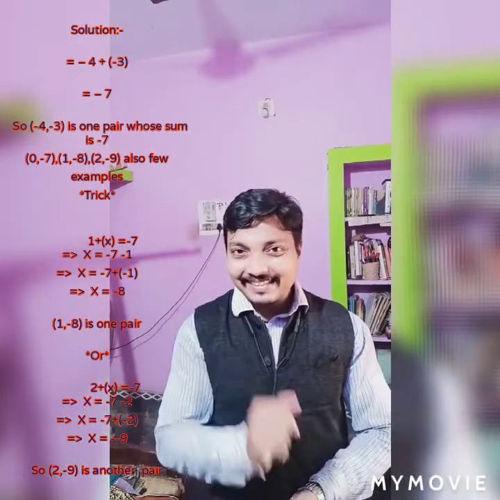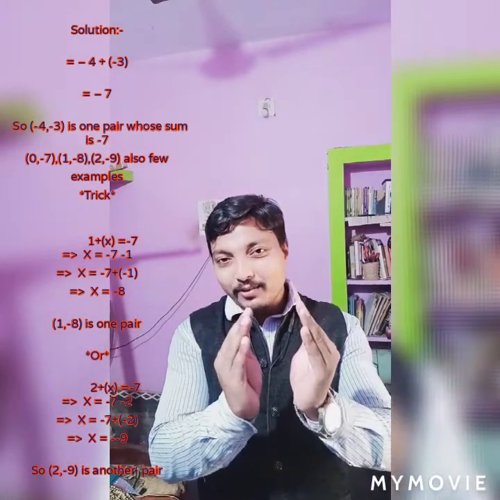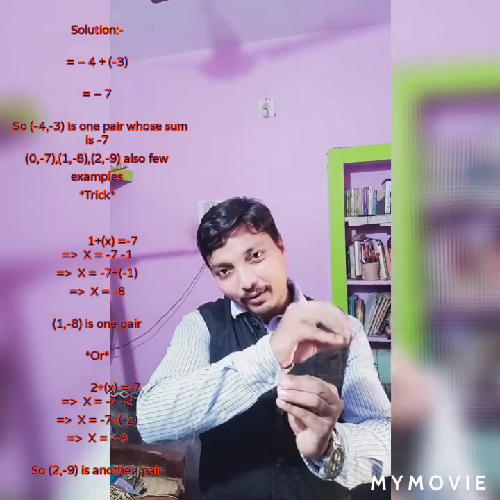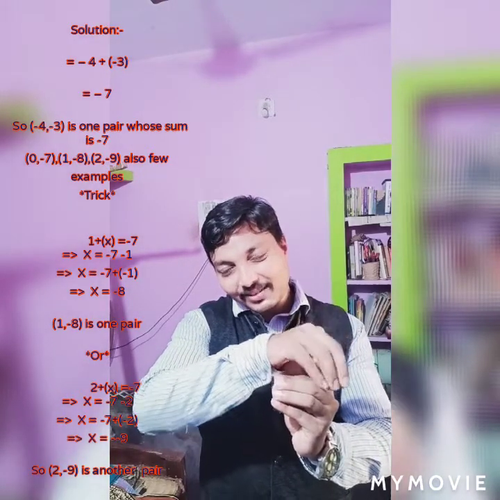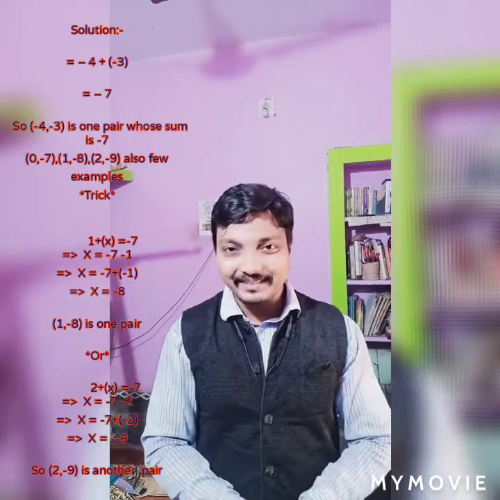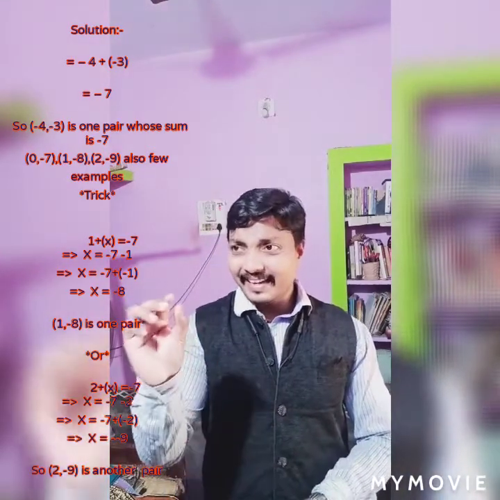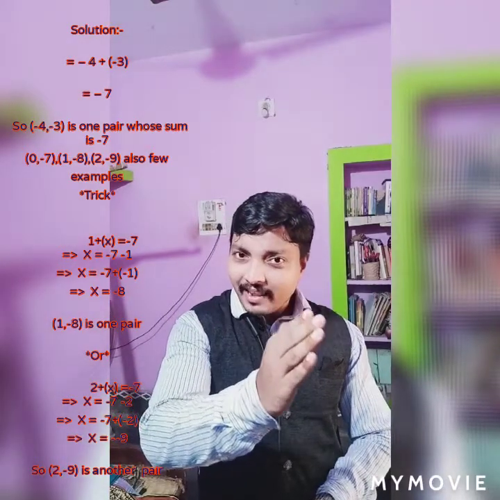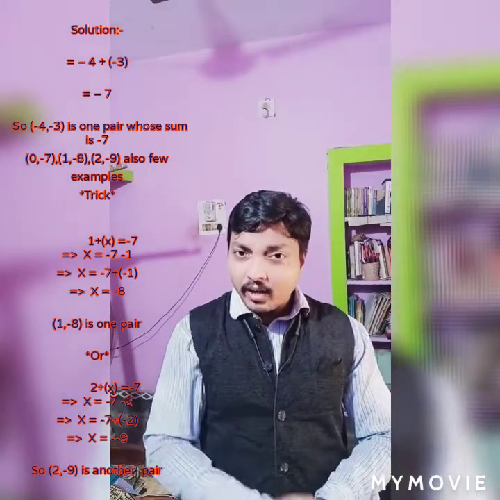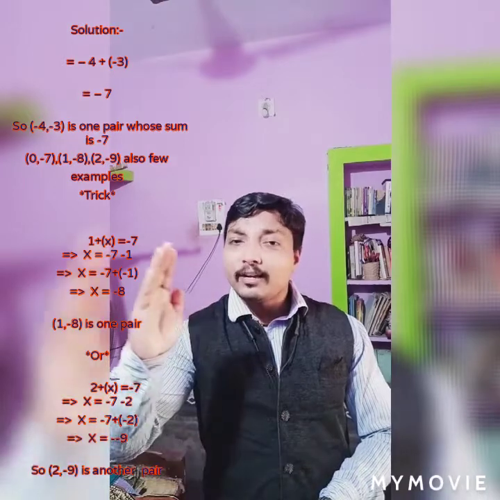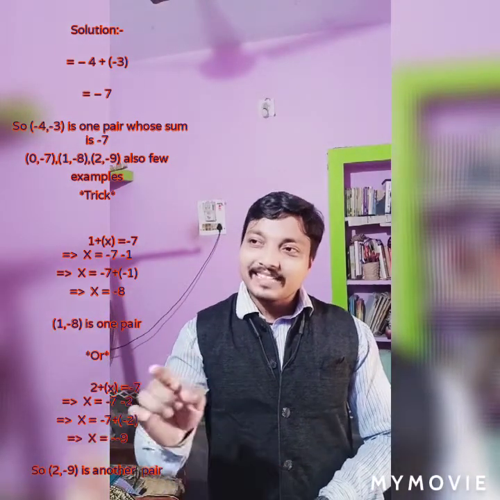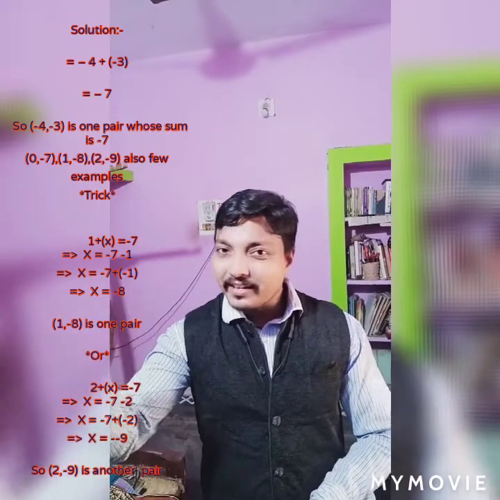We want x, so we keep x on one side and separate the rest to the right side. It implies x = -7 - 2, as the 2 was positive on the left side and becomes -2 when transposed to the right side. So x = -7 - 2.